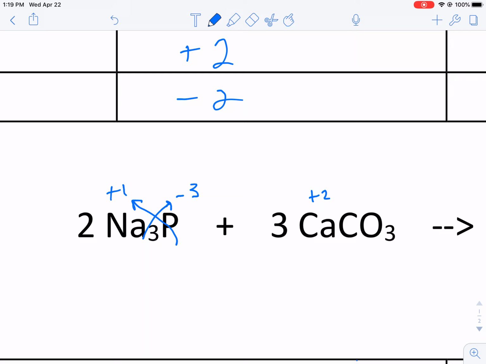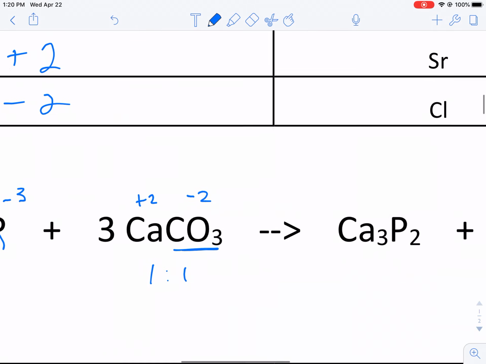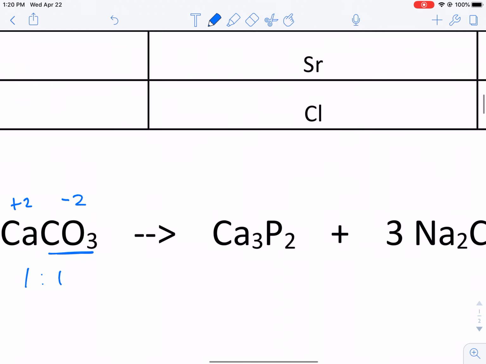I know calcium has to be a +2. But now I have CO3. It's a 1-to-1 ratio. So because it's a 1-to-1 ratio, I should know that my charges have to cancel out. So CO3 becomes -2. You could also look on your common ion sheet on the back of your periodic table and see that CO3 is a -2.